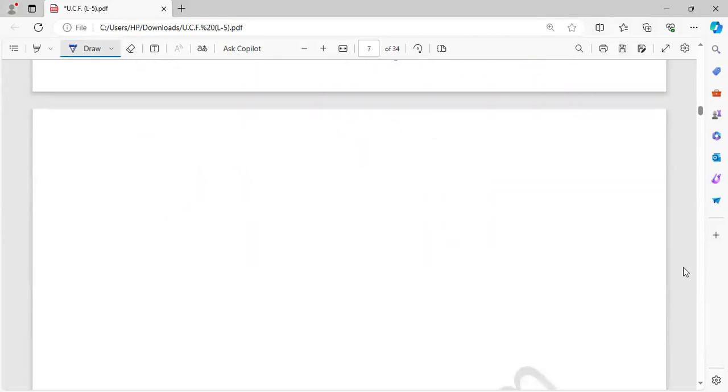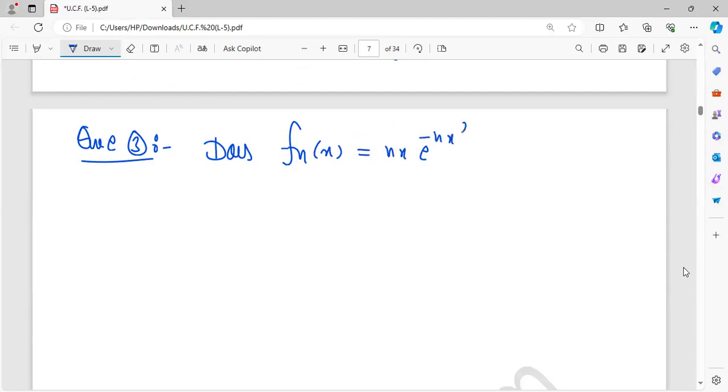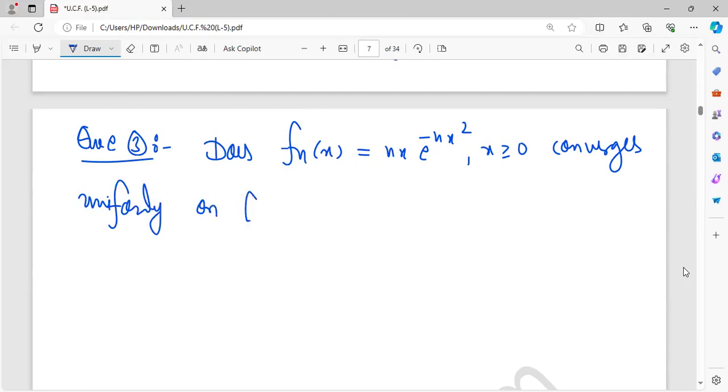Now we see another example, question number 3. Does Fn x equal to nx e to the power minus nx square, x greater than or equal to 0, converge uniformly on the closed interval 0 to infinity or not?